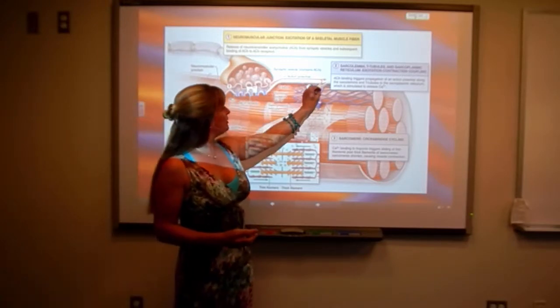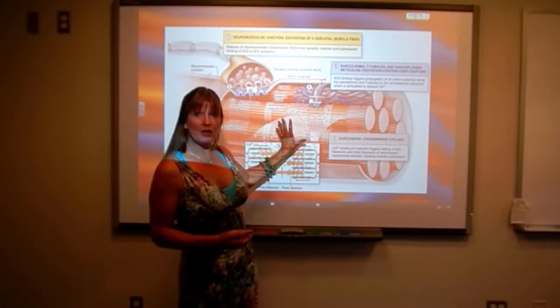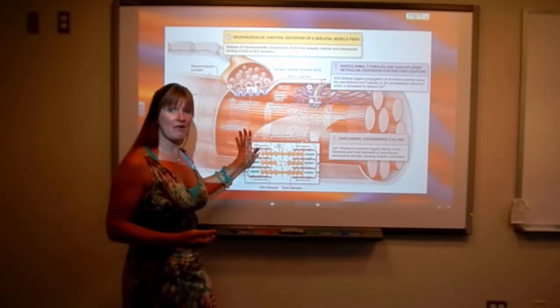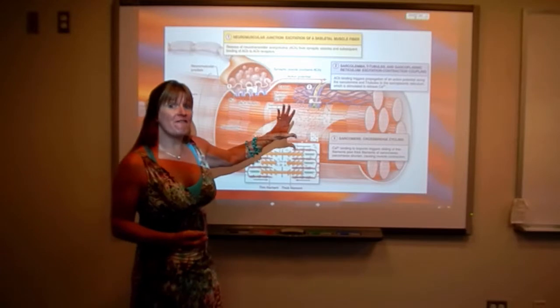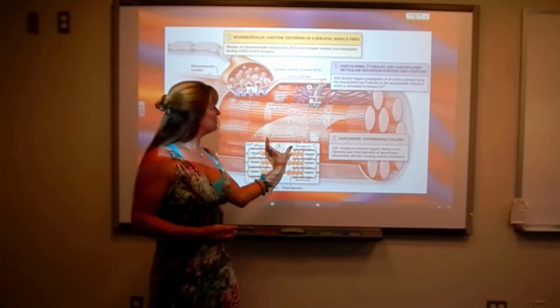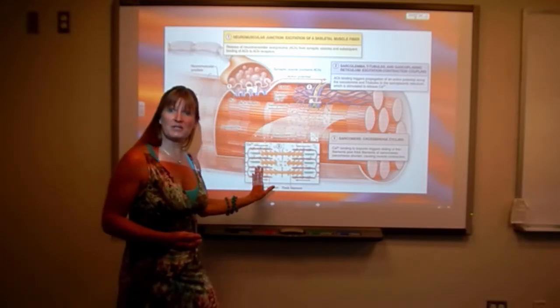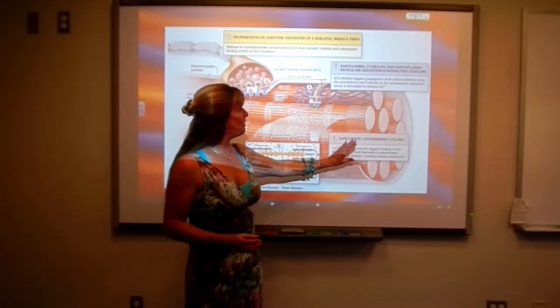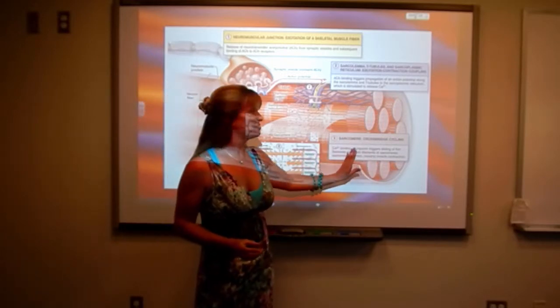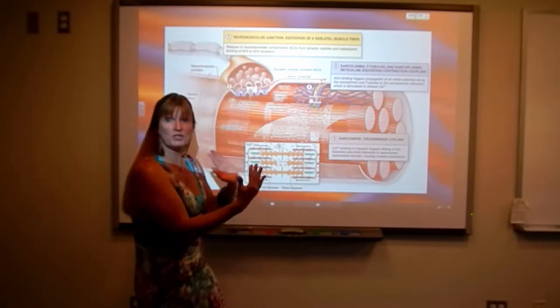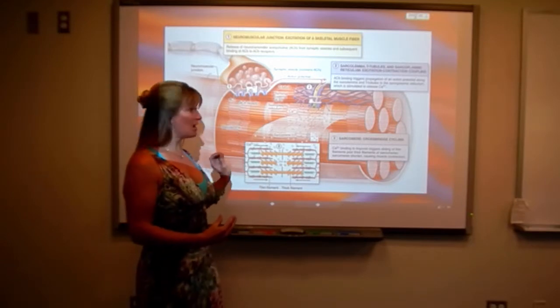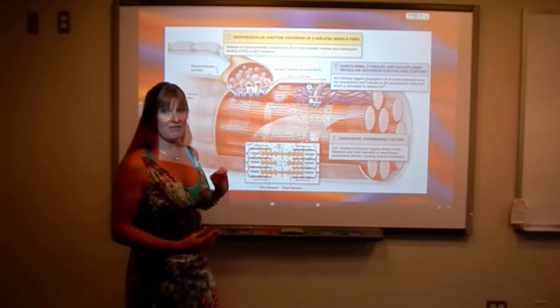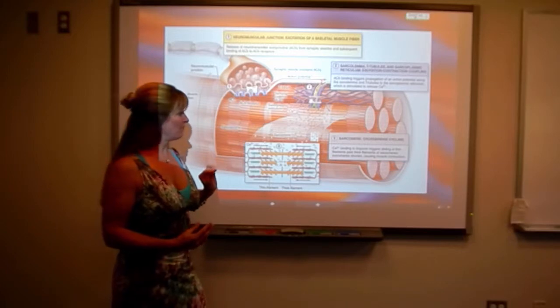Once the calcium is released from the sarcoplasmic reticulum, it bathes each of these myofibrils. These myofibrils are then going to be able to shorten because of the presence of calcium. So in the third stage, where we look at the sarcomere and crossbridge cycling, how the sarcomere actually contracts, we'll see the importance of that molecule of calcium.